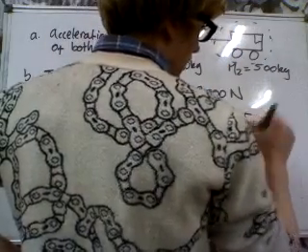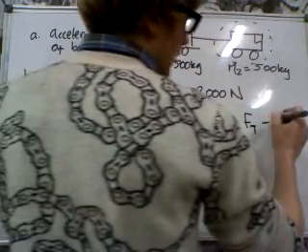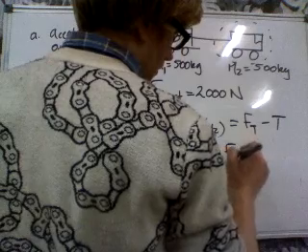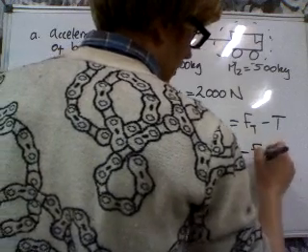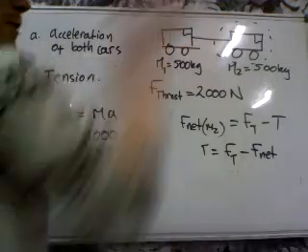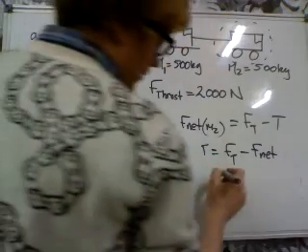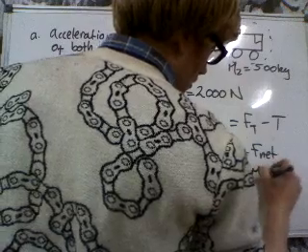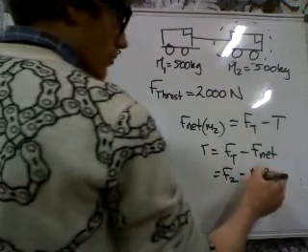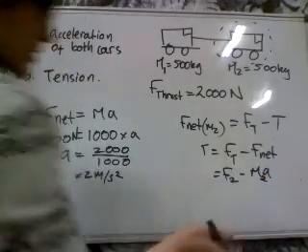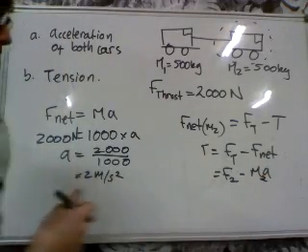So Ft, the thrust, minus tension. So tension equals Ft minus F net. Okay, what's the net force on this particular object? Well, we find that from ma. And again, we use mass 2, just the mass of that individual object now. And the acceleration of the combined system is 2 meters per second squared.